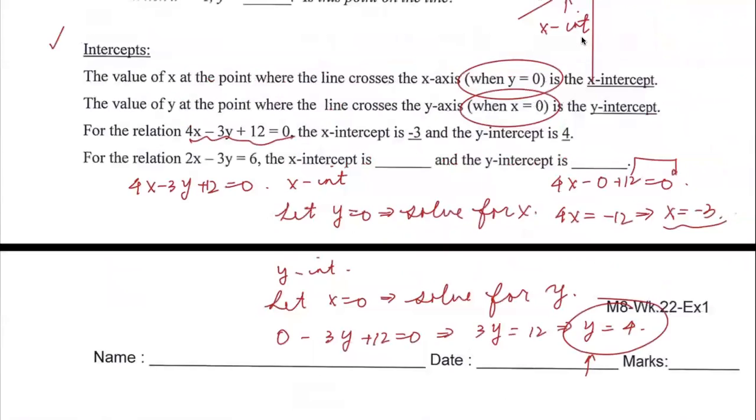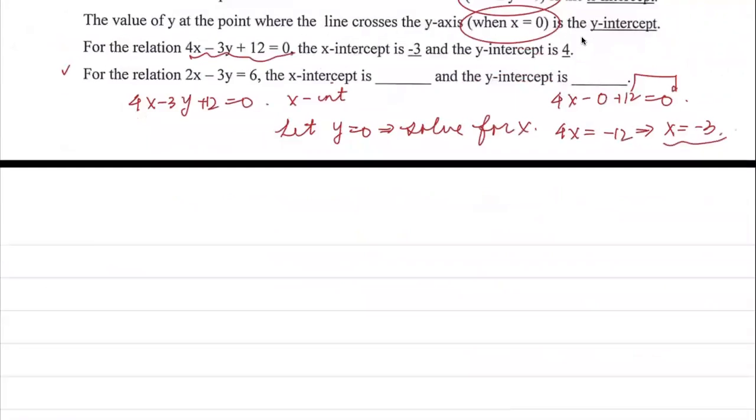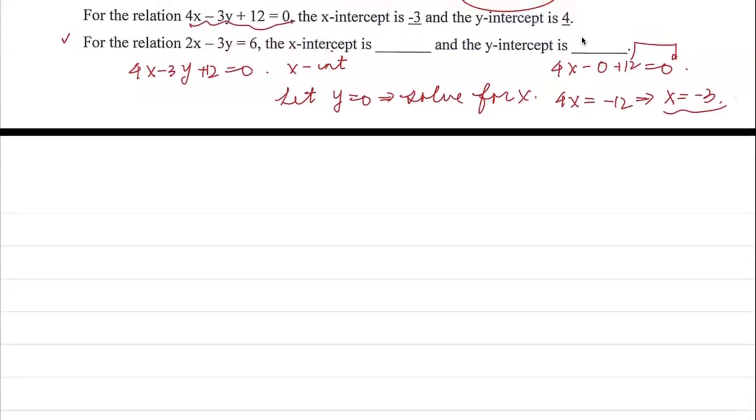Okay, let's try another question. 2x minus 3y is equal to 6. Let me add another piece of paper here.